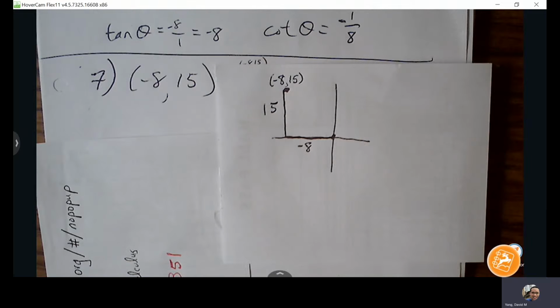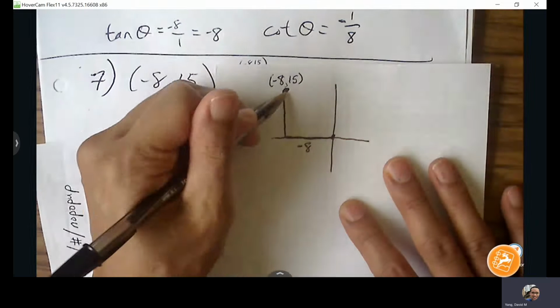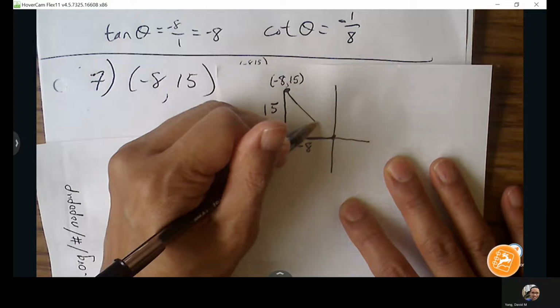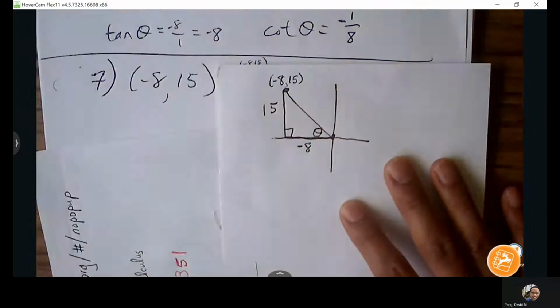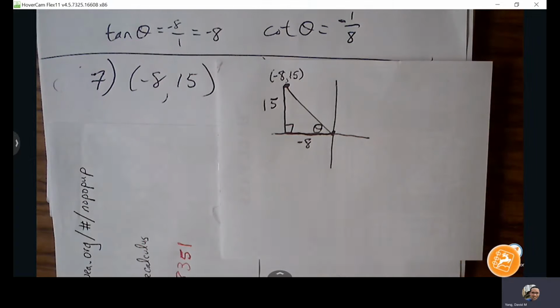Okay, are we good with that? Right. And then your hypotenuse, right angle, theta. So that's probably the most important part. You need to be able to draw the diagram correctly. Otherwise, your signs could be off and everything could be off. Okay, hypotenuse next.